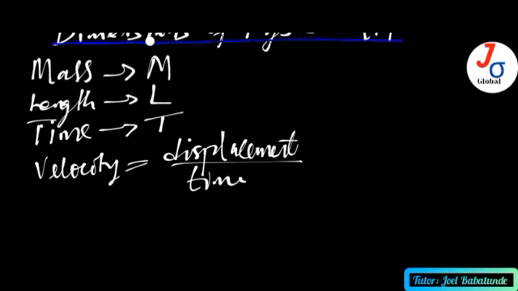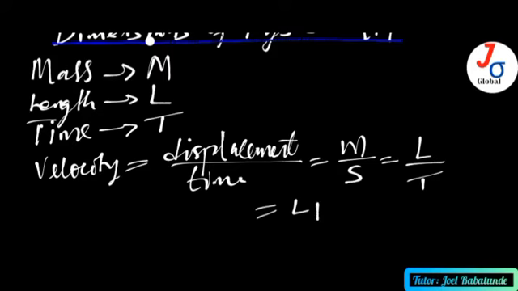So it's actually displacement over time, and displacement is measured in meters. That's meters per second. And if that's the case, meters is what's the dimension? Meters is measured in length. Okay, L. Then time, seconds is time. That's T. And so I would say that the dimension of velocity is actually LT raised to power minus 1.